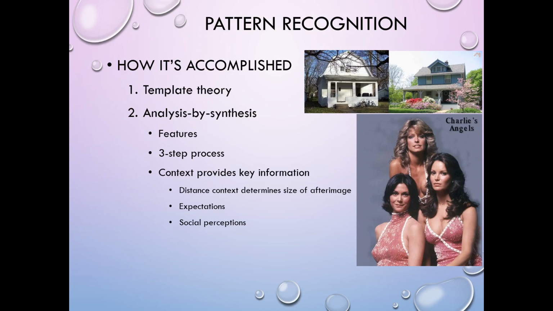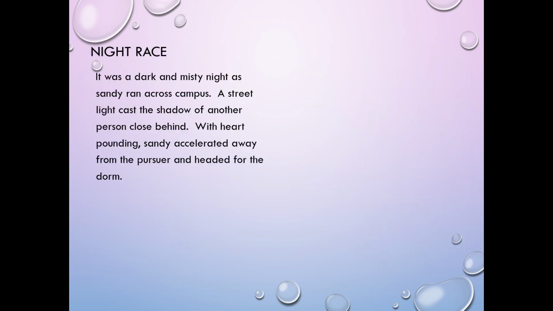You may not have any clue what you're looking at, but I think you can imagine what kind of impact watching these three women running and chasing bad guys, supposedly, might have had on the role of women and the role of appearance and other kinds of social perceptions on a budding young girl's mind, right? These things have an impact on how we interpret information and form patterns. So it's really important to think about context whenever you're thinking about pattern recognition.